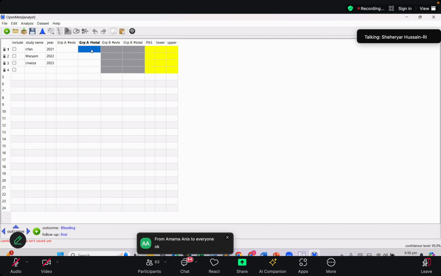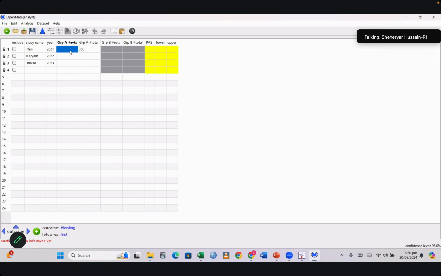In Irfan's study, the total number of participants was 350. This total is the patients who underwent thyroid surgery, and the events will be, suppose, 25 of the patients who underwent thyroid surgery got bleeding.